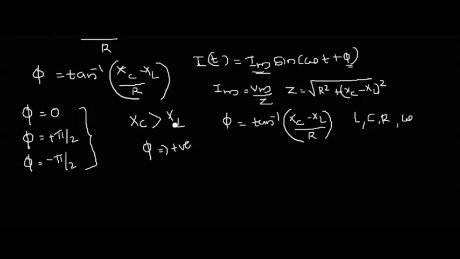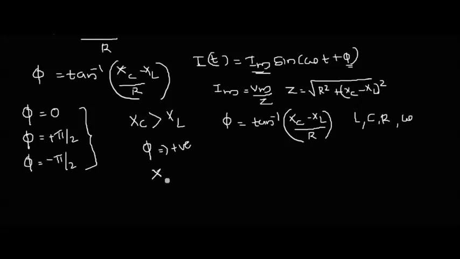If phi is positive, we can say that the circuit is predominantly capacitive in nature. In a capacitive circuit, we found that the current is leading by an angle of pi by 2. So if we are getting the value of phi positive, the series LCR circuit is predominantly capacitive in nature.